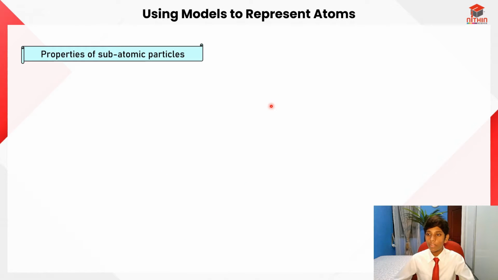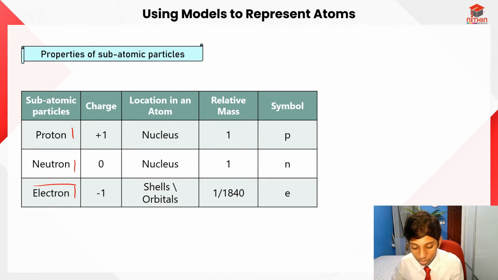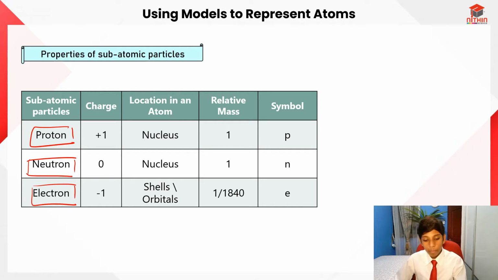Next, let's talk about the properties of the subatomic particles. We all know that there are three types: proton, neutron, and electron. The first property we are looking at is their charge.